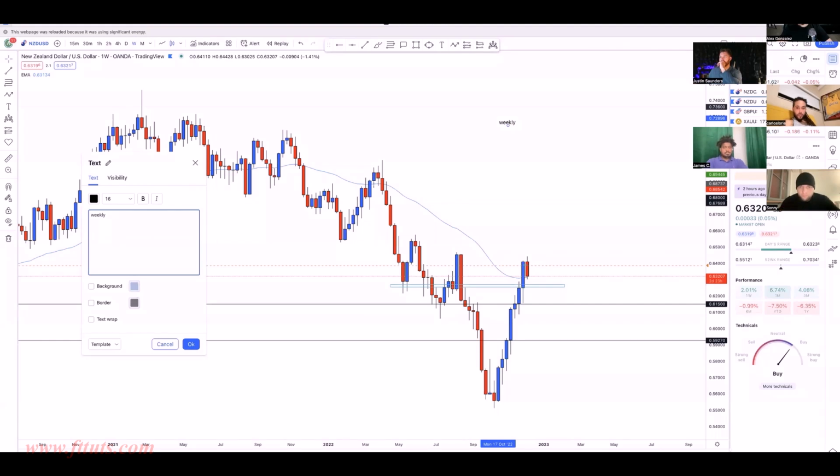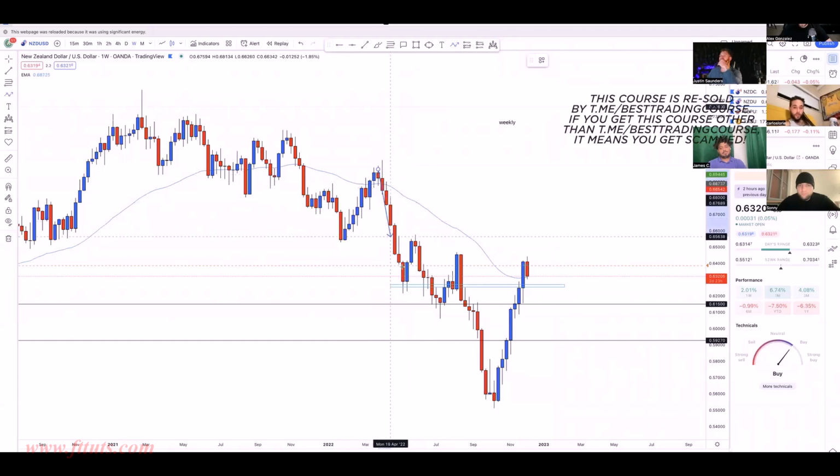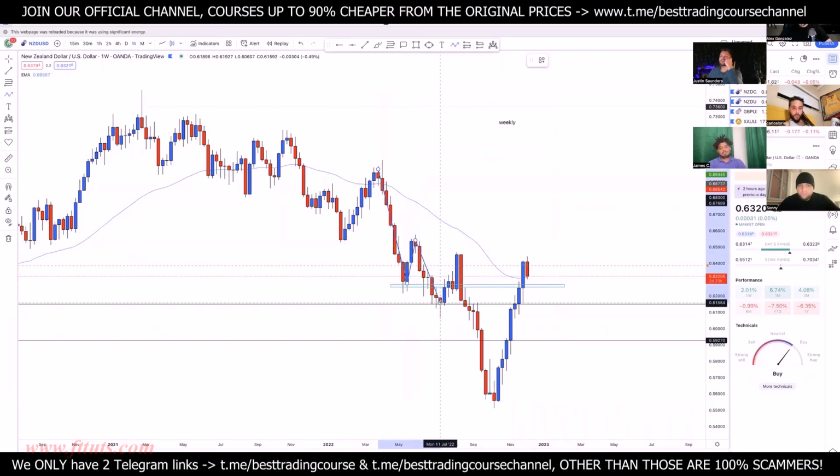I'd say about 80% of you guys got it. So it's very interesting. So this market right now, we are technically bearish. I'm just going to bring out my line. We have lower low, lower high, lower low, lower high, lower low.